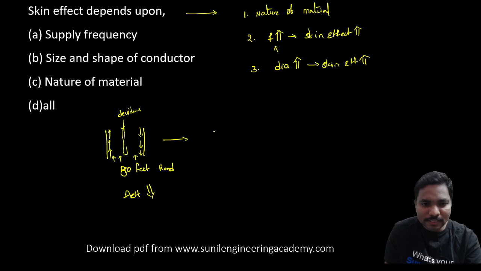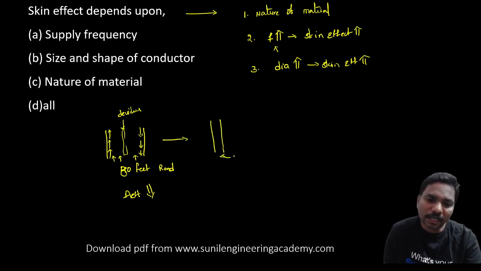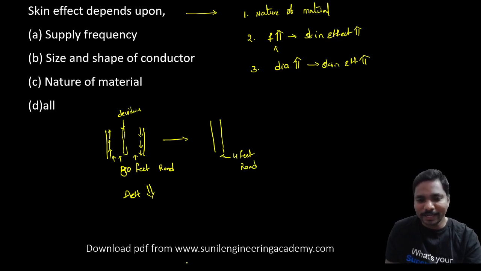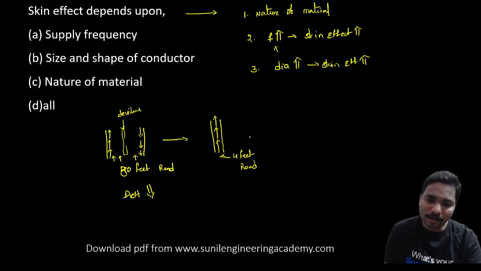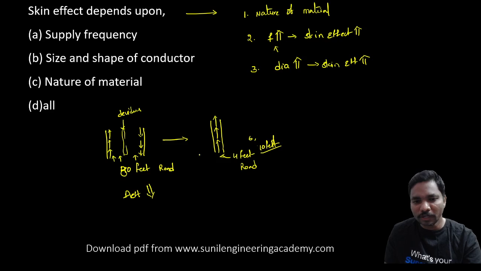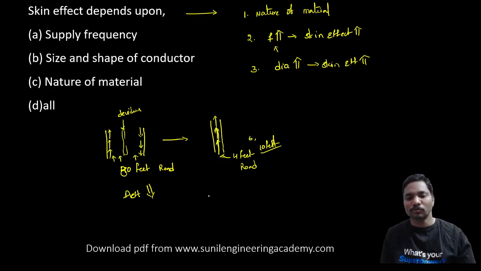If you consider the same in case of just a 4 feet road, vehicles move only in one direction, correct? Let us make it 6 feet or 8 feet or at least 10 feet. If you take a 10 feet road and one car is moving, no other vehicle can move, correct?